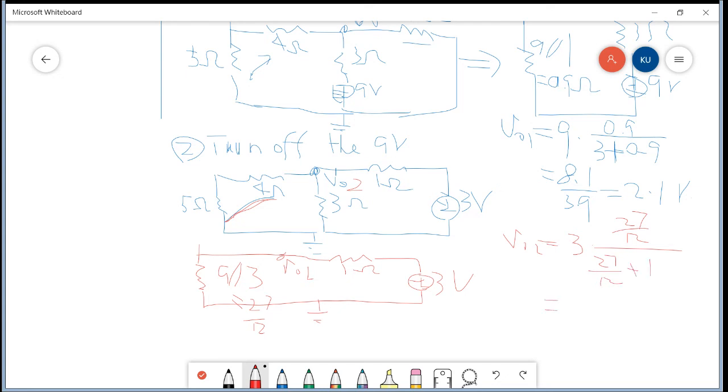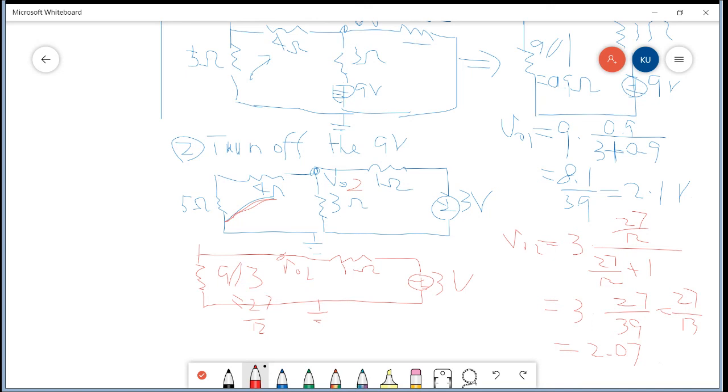So it becomes 3 times 27 over 39, so it is 27 over 13. So it is also 2.0 something, 2.07. Maybe this is also 2.0 something.